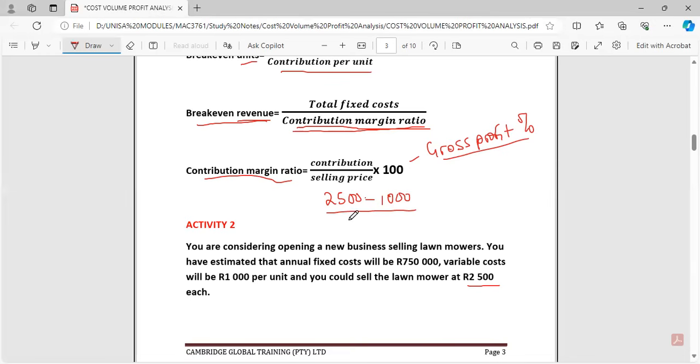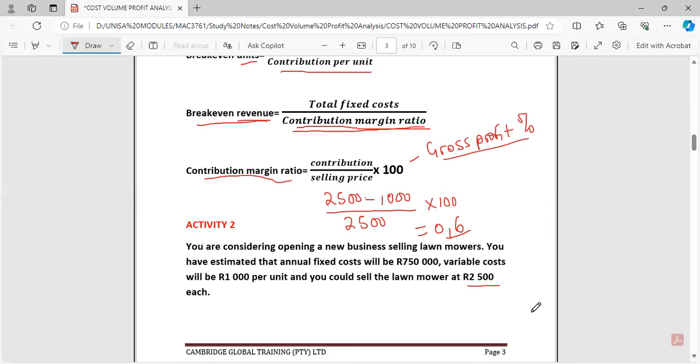It's 2,500. Then we multiply by 100. That is going to be our contribution ratio. So here it's going to be 1,500 over 2,500. So it's going to be 0.6. 0.6 is almost like 60%. I don't know if you guys were together.